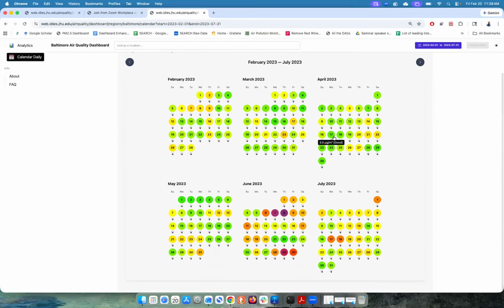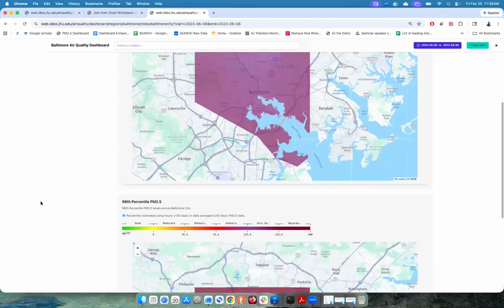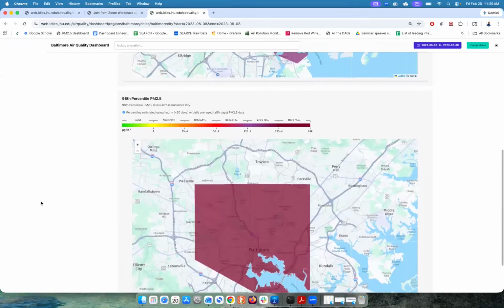For example, if you go to June of 2023, this was a time period where we got a lot of wildfire smoke from the Canadian wildfires, and you could actually smell the smoke in the air. The air quality became like 250 micrograms per meter cubed. You can click on the day and understand what was going on. You can see the entire city was around red.